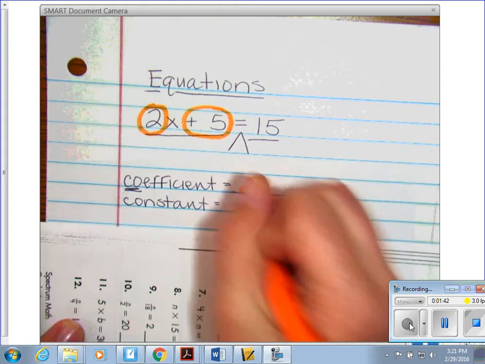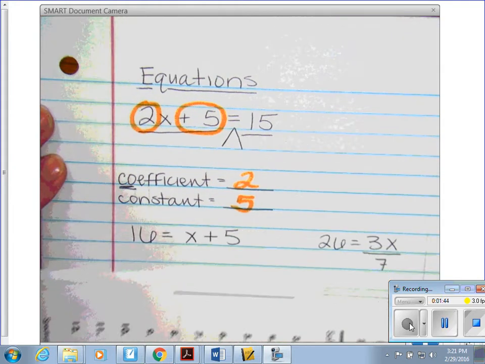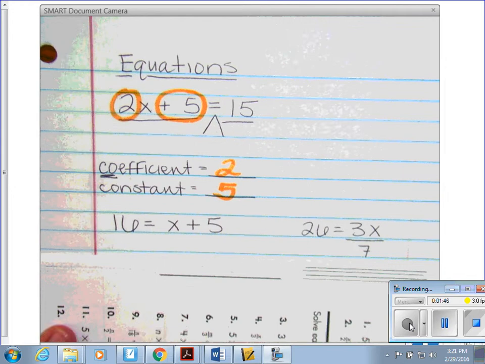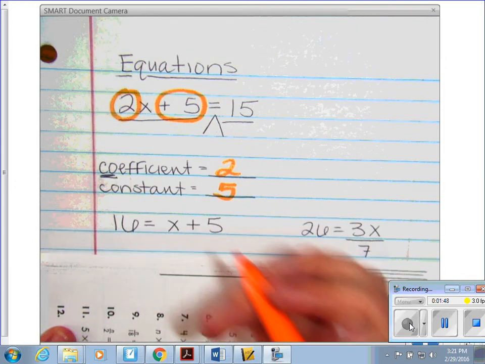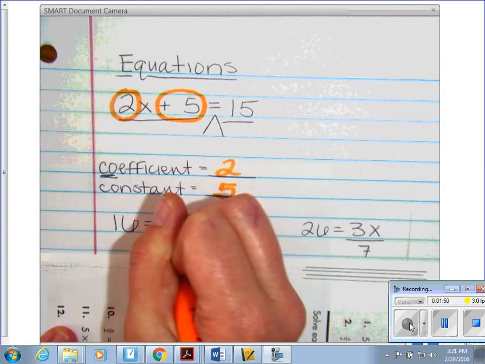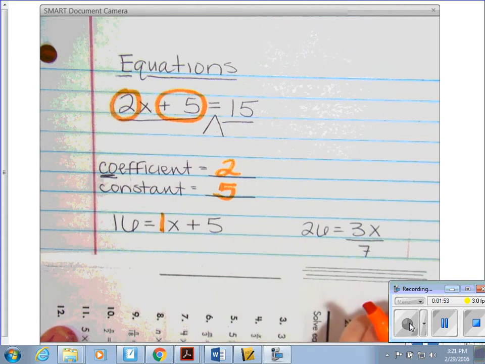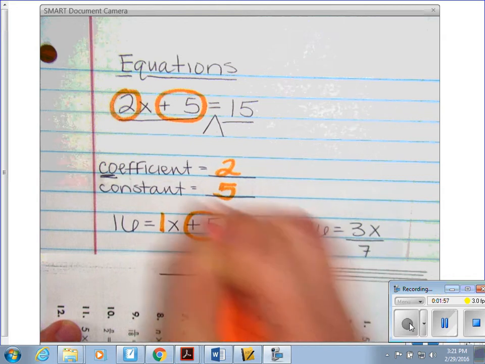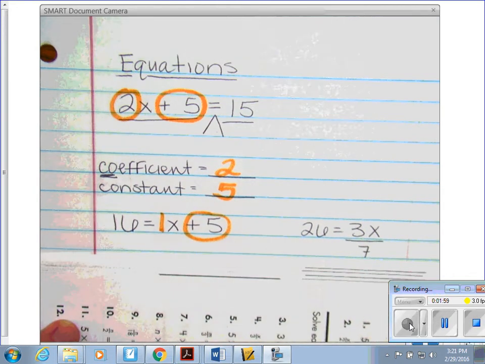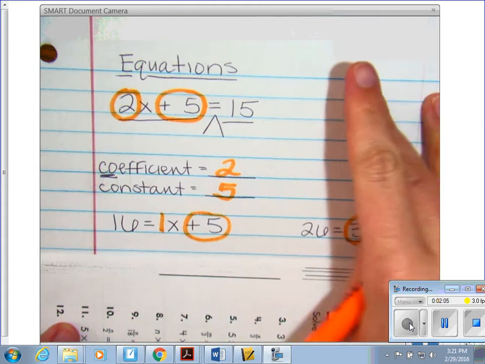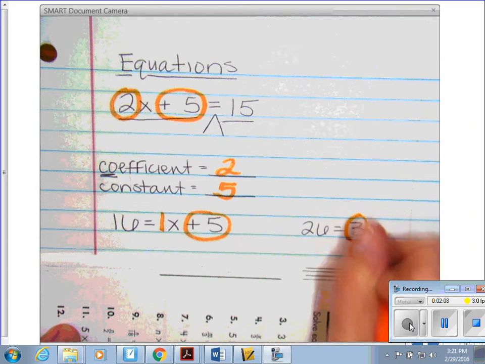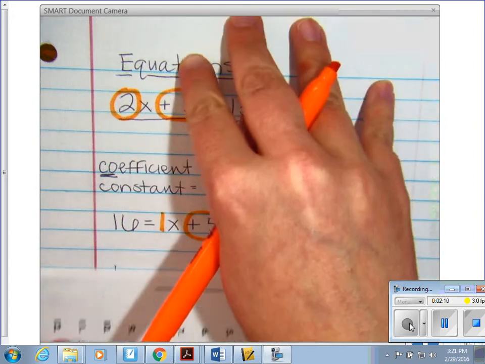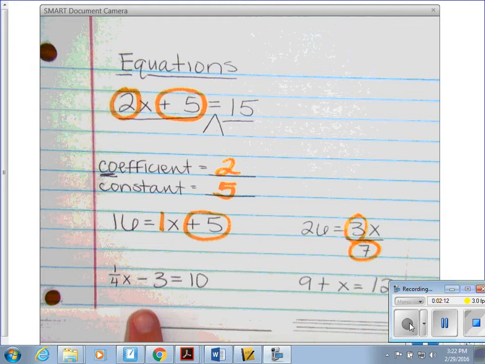Let's take a look at some other examples. So on this equation, I'd have no digit here, but technically my coefficient is going to be 1. And my constant is a positive 5. On this example right here, my coefficient is a 3, and my constant is the 7. Here's two more examples.